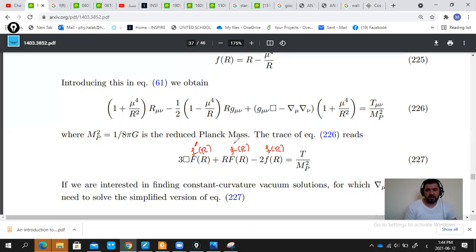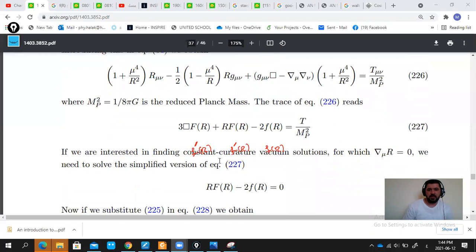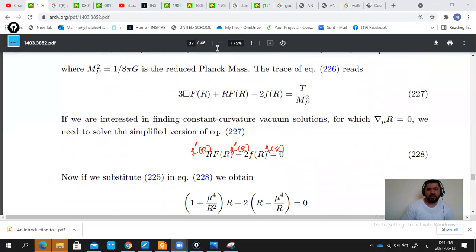How did I conclude this? Look here, for the case of constant curvature vacuum solution, nabla_mu R will be 0.